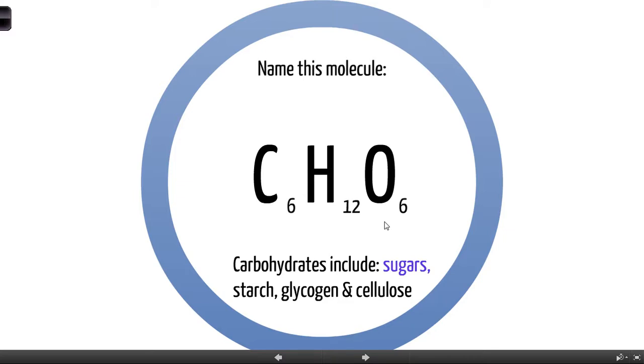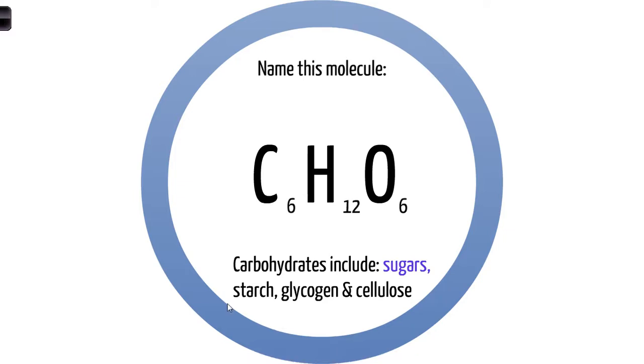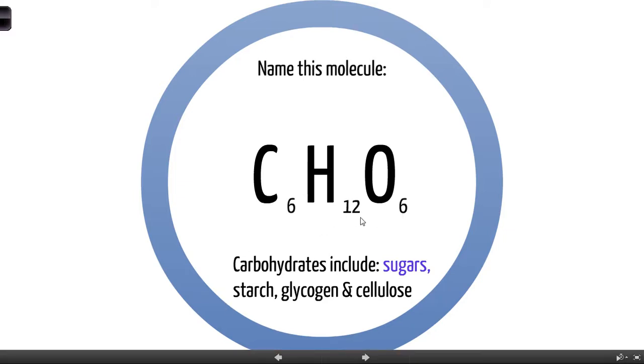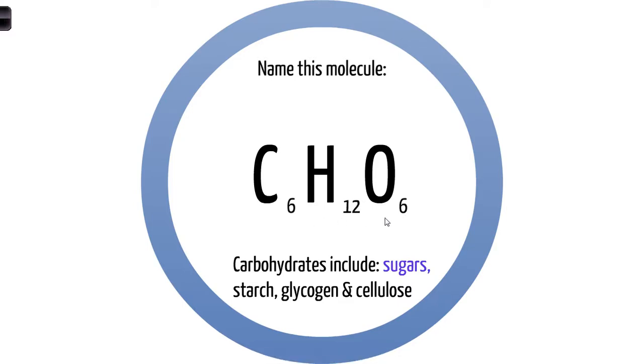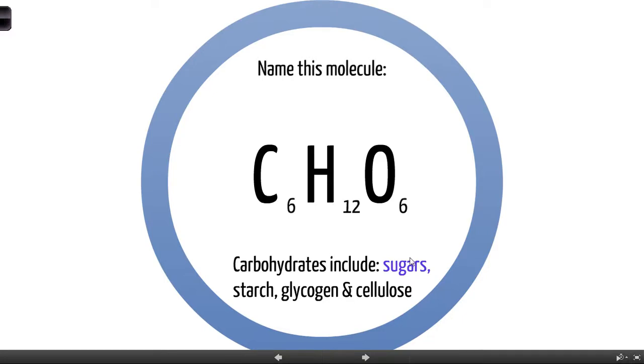So that's actually just how this molecule is named, carbohydrate. Anything that's comprised of carbon, hydrogen, and oxygen is most likely a carbohydrate. So this includes things like sugars, starch, glycogen, and cellulose. And we're going to have a look at all of those, but in this tutorial we're going to focus primarily on the sugars.